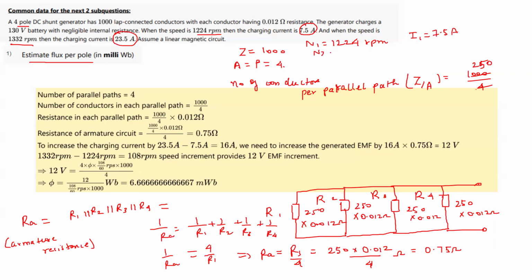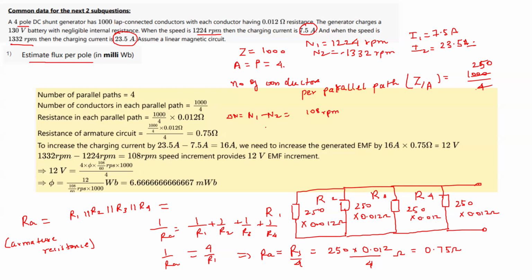Then N2 becomes 1332 rpm, and the current I2 becomes 23.5 ampere. So what is the change in the current? The change in speed, delta N, is 108 rpm.